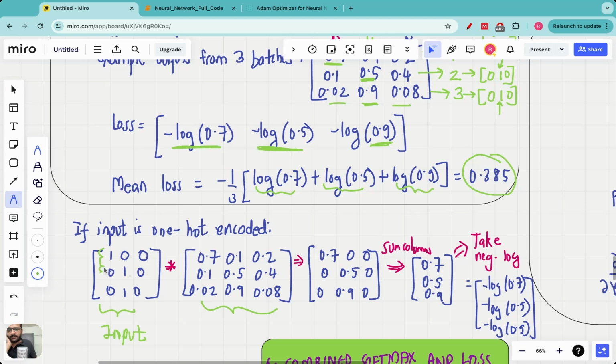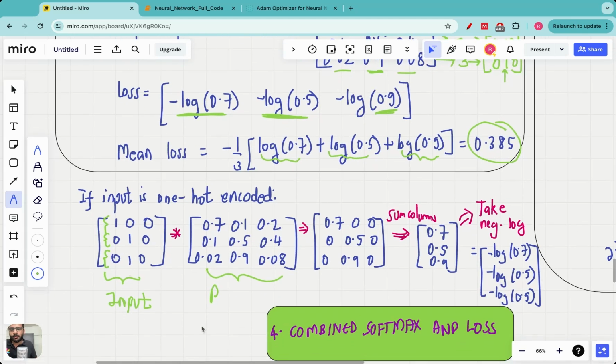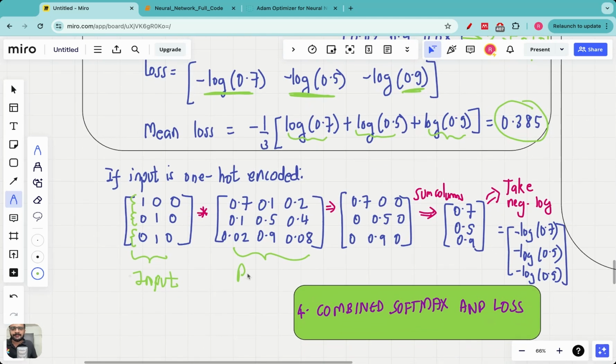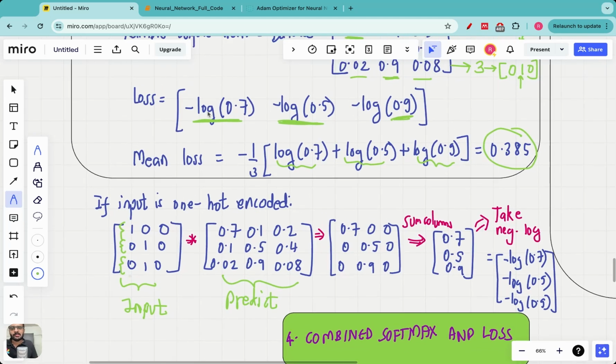For the second batch of data, the correct answer is green, so it's 010. And for the third batch of data, the correct answer is green, it's 010. Now, from this input matrix and from the predicted, how do we get to this loss, minus log 0.7, minus log 0.5, and minus log 0.9, in code?